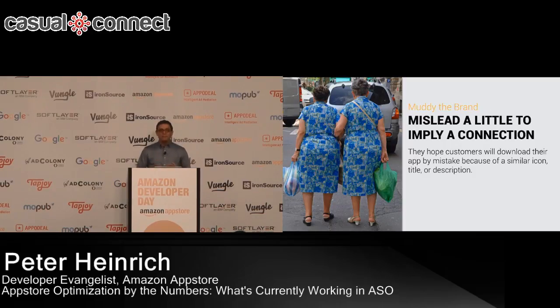One that, if you're not paying close attention, you might accidentally confuse with the more popular title, like Macro Soft Office or something like that. This works great with icons as well, or descriptions, because after all, if they're working for the other guy, they'll work for you too, right?